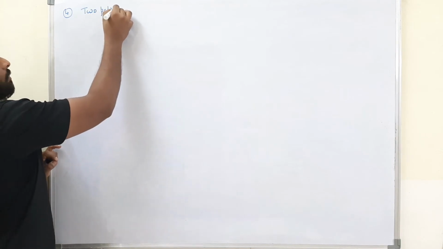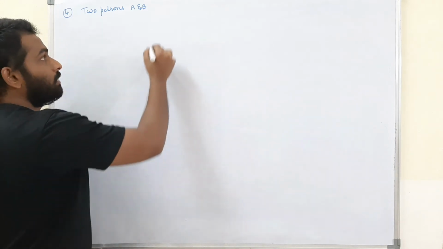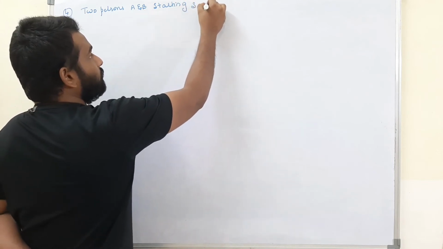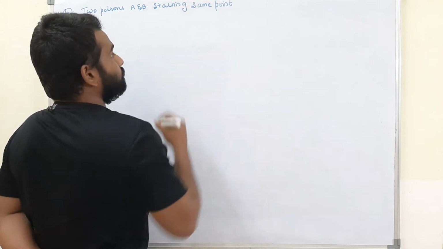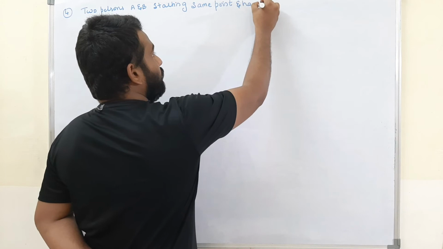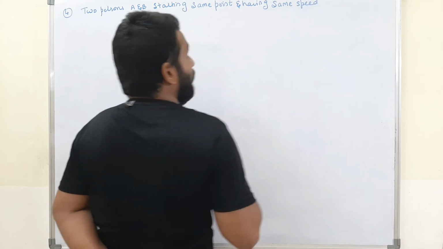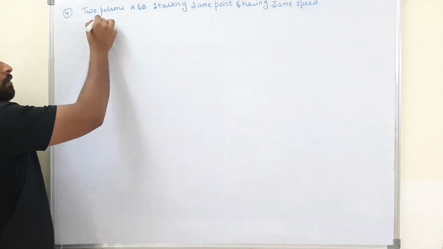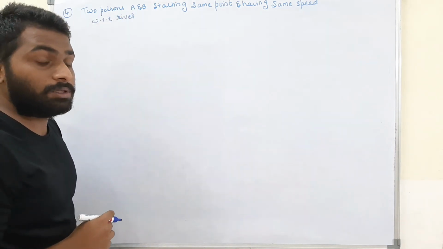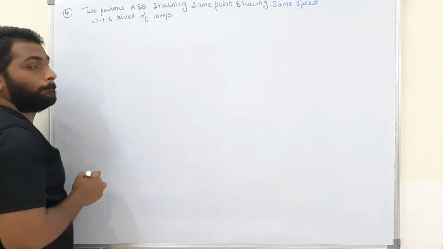Two persons, A and B, are starting from the same point and having the same speed with respect to river, of 10 meters per second.